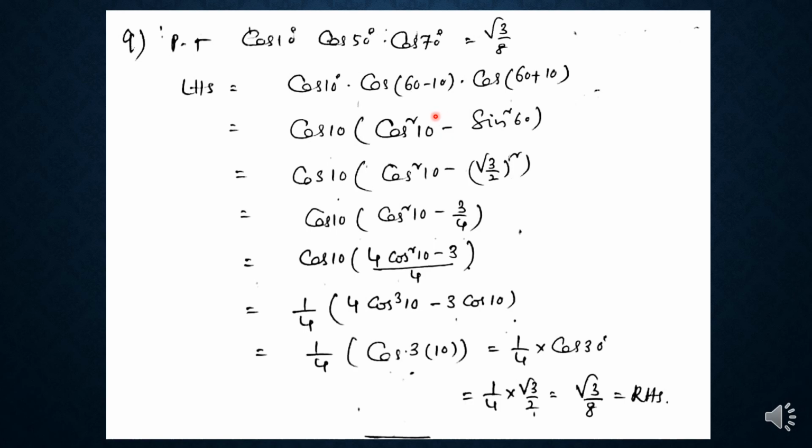What is the value of sin 60 degrees? That is root 3 by 2. And sin square 60 means (root 3 by 2) whole square. So cos 10 into (cos square 10 minus (root 3 by 2) whole square).